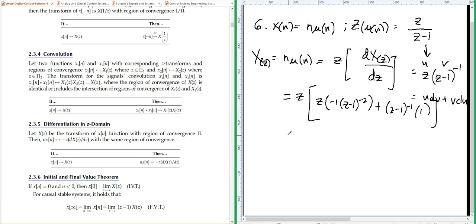Simplify: you have z times negative z minus 1 to the negative 2 plus z minus 1 to the negative 1.